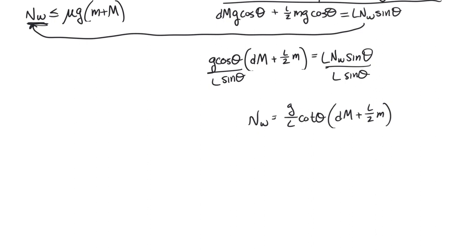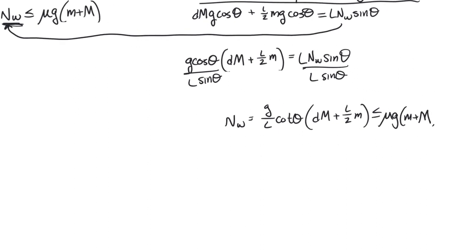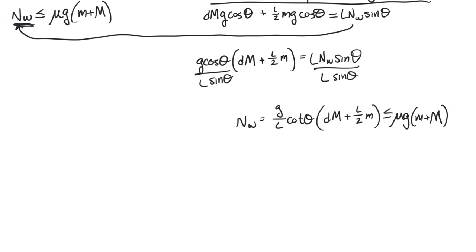I'm going to substitute it in there, but I'm going to do so this way. By saying less than or equal to mu times M plus m. And we want to solve for mu. I will say that I can get rid of the g. I have a g on both sides.